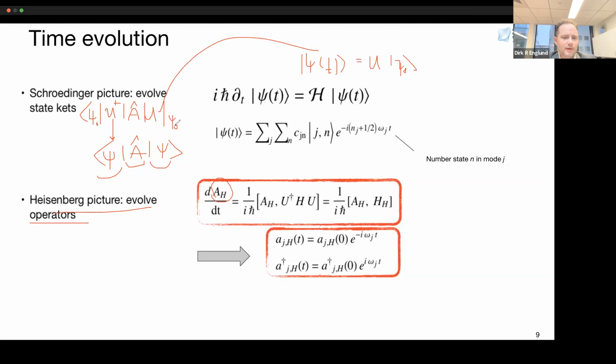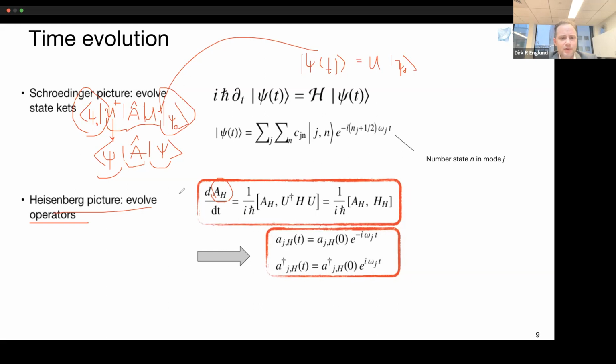And now we see that there is an equivalent way to represent the state evolution, namely by keeping the state fixed. So let's keep the state fixed as it is originally, and then evolve the operator according to this transformation here.